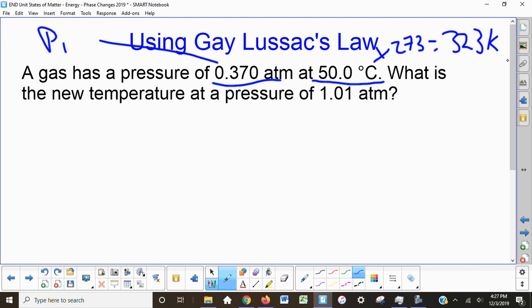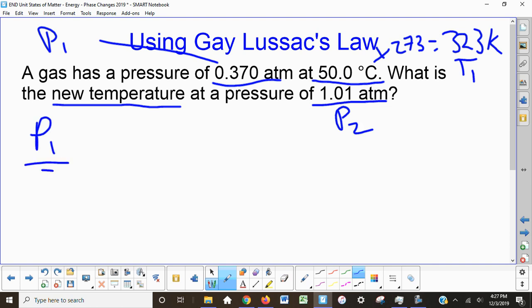I don't want to see it in degrees Celsius at all. This is going to be my T1. And it wants to know what is the new temperature if the pressure is 1.01. So P2 is that. So I hear pressure and temperature, no mention of volume. So I'm going to use P1 over T1 equals P2 over T2.